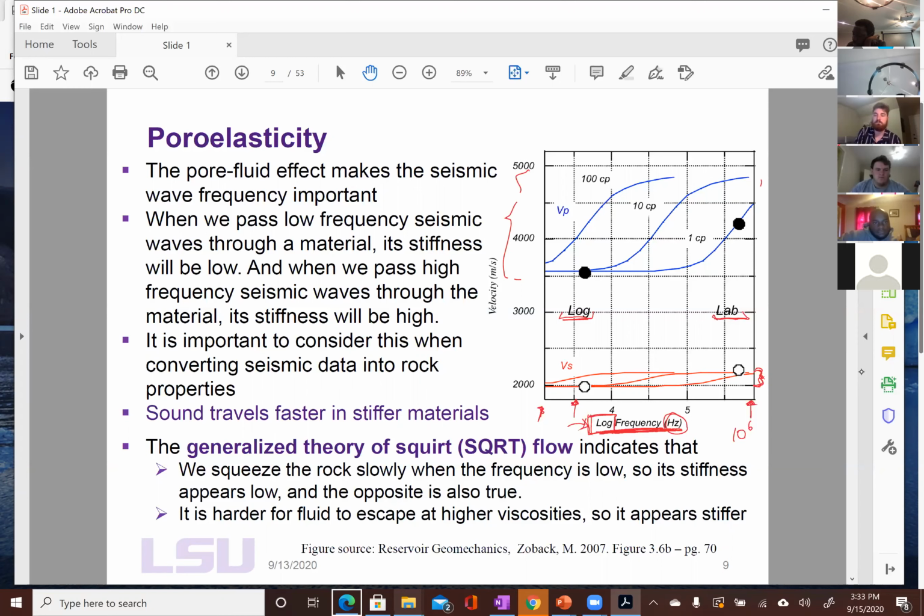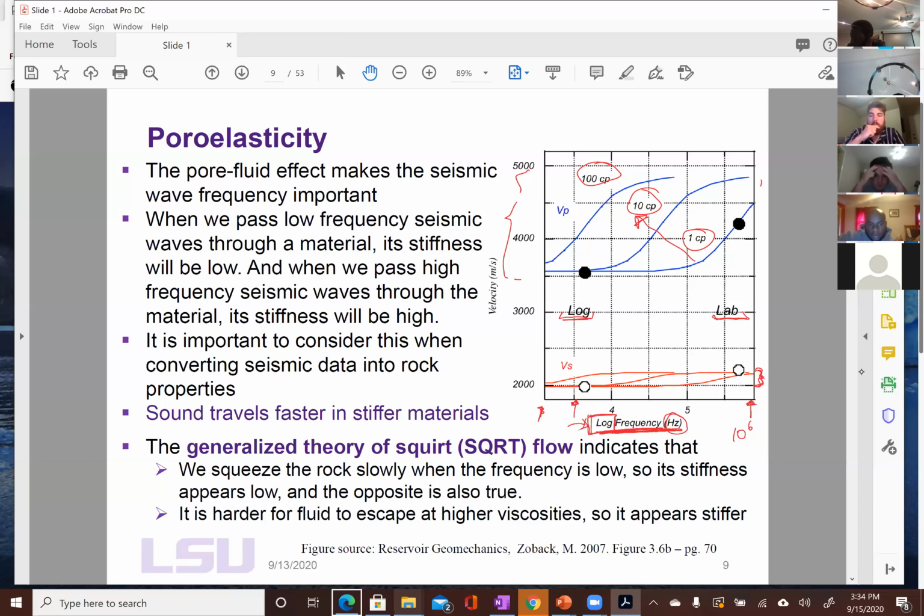And what's the trend? As viscosity increases this way, this is 1 centipoise, 10 centipoise. As viscosity increases, what happens to the P wave velocity? It increases, right? And that means the material is getting stiffer or less stiff? Stiffer. Yes, because sound travels faster in stiffer materials.